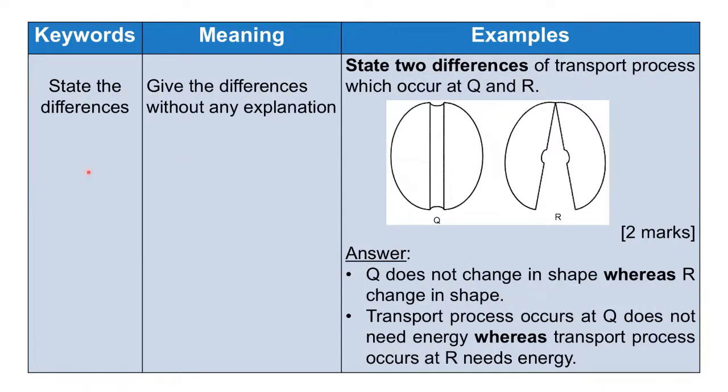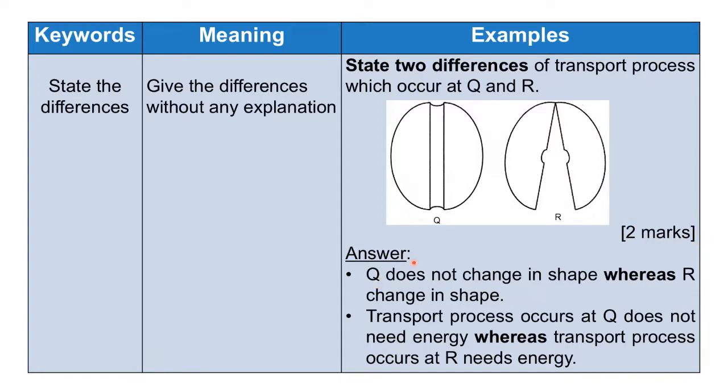Next example, state the differences. We look at the question first. State two differences of transport process which occur at Q and R. 2 marks.